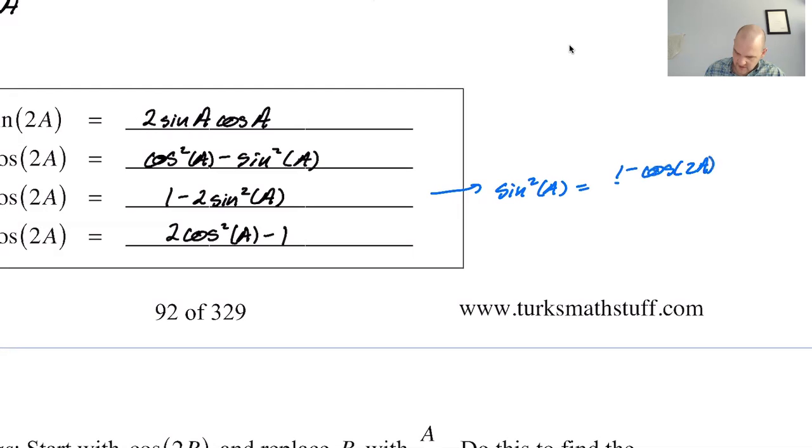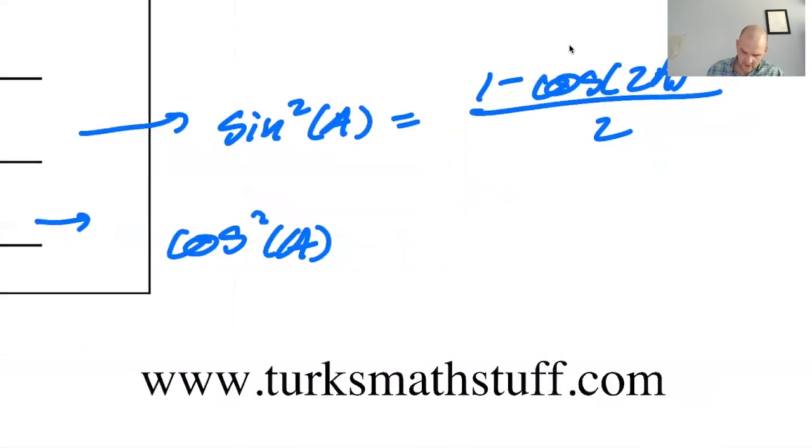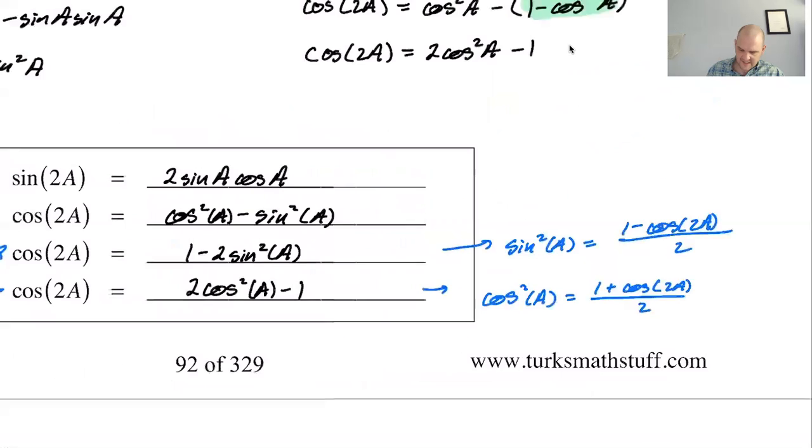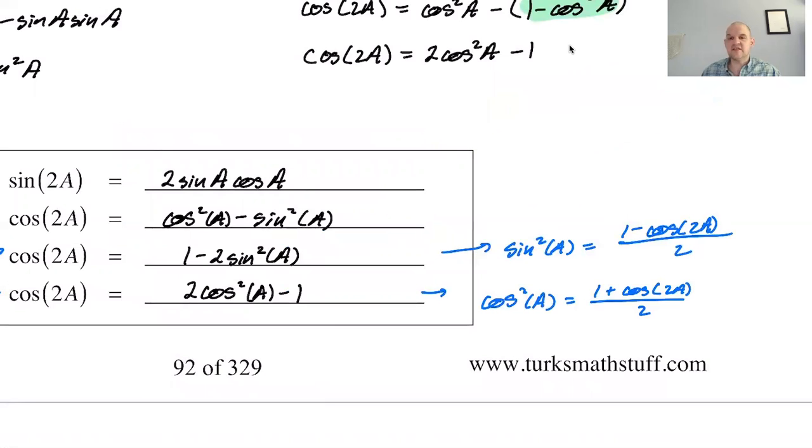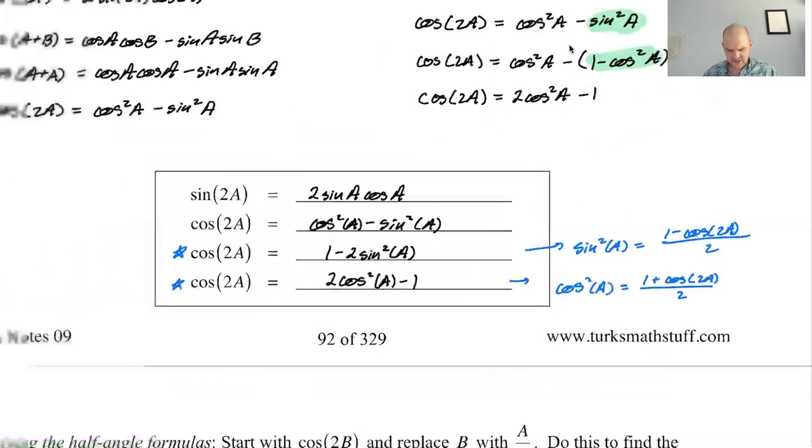You can also work out cosine squared of a equals 1 plus cosine of 2a over 2. Just go through and solve them. You will use these in calculus all the time to take you from a squared down to a linear power of cosine, a first degree, because it's just easier to work with.